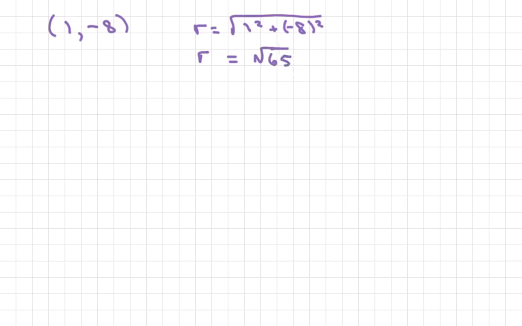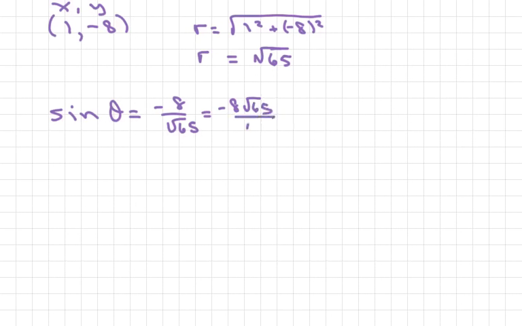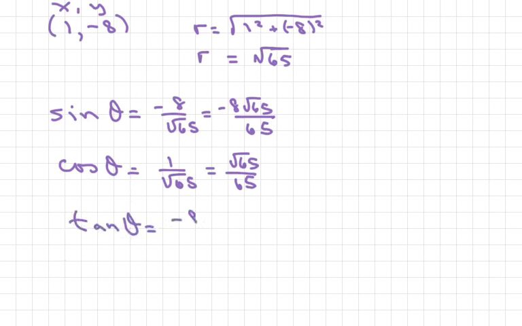Okay, so we have our x and our y, and so basically just fill everything out. Sine of theta is y over r. We know this is negative 8 square root of 65 over 65. Cosine of theta is 1 over square root of 65, which equals square root of 65 over 65. And tan of theta is just negative 8 over 1, which equals negative 8.